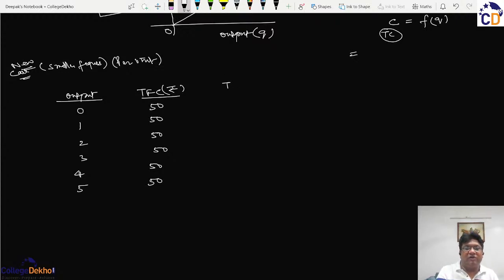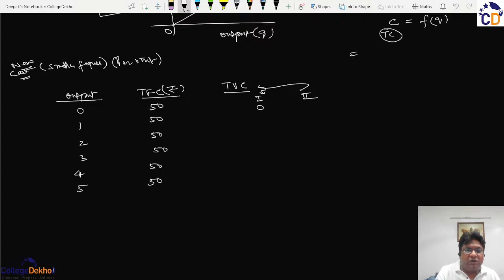But if I take the figure of the total variable cost, then there can be two scenarios. There can be case 1 or case 2. Case 1 we have already discussed: at 0 output the total variable cost will be 0.